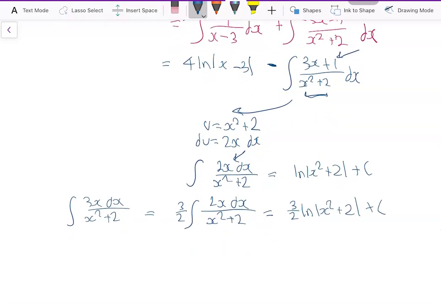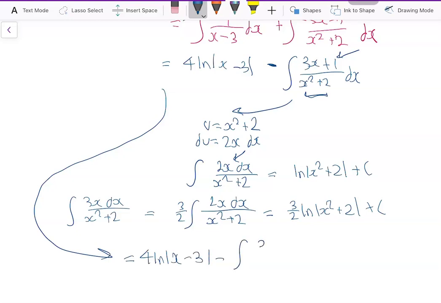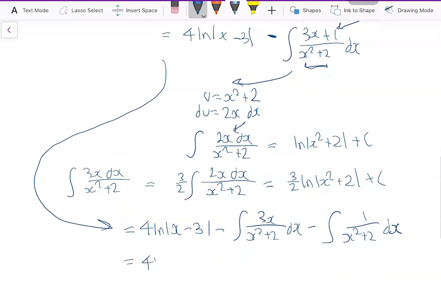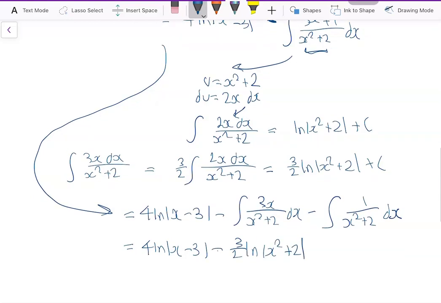And now this means we can put the integral equals 4 ln |x minus 3| minus the integral of 3x over x squared plus 2 dx minus the integral of 1 over x squared plus 2 dx. And this is 4 ln |x minus 3| minus 3 over 2 ln (x squared plus 2) minus the integral of 1 over x squared plus 2 dx.